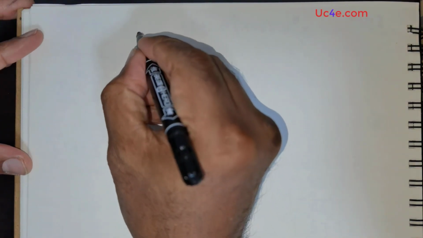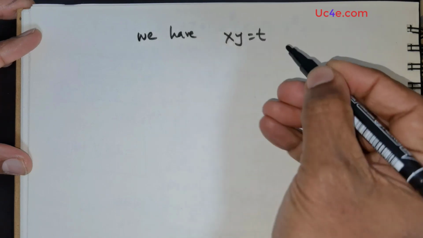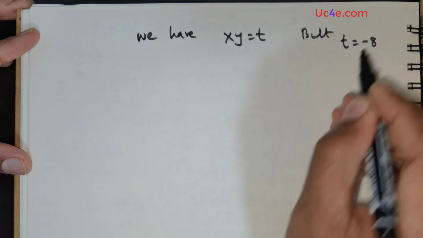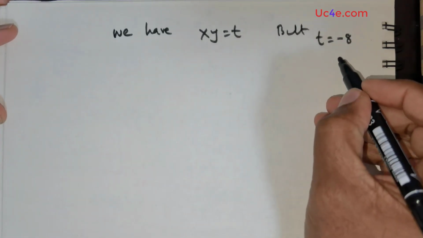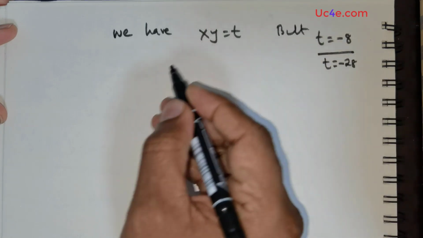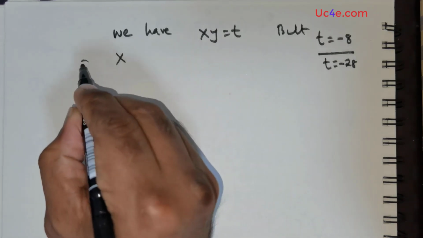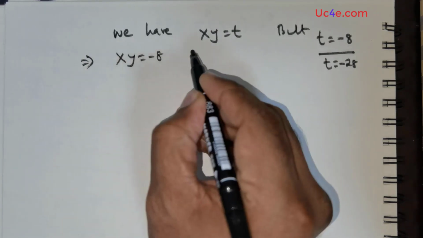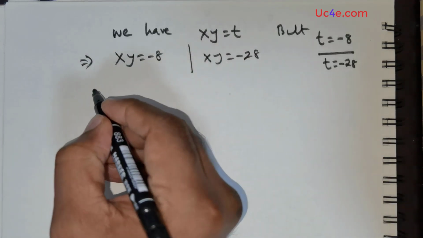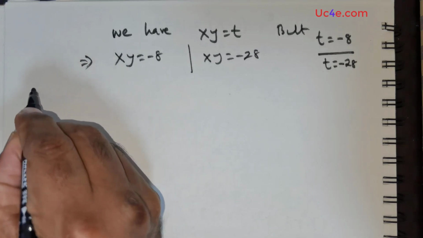So clearly we have xy equal to t, but the value of t we have found to be t = -8, that's one value, then t = -28. If we substitute that, we get xy = -8 and xy = -28. But we also have another substitution that we took.